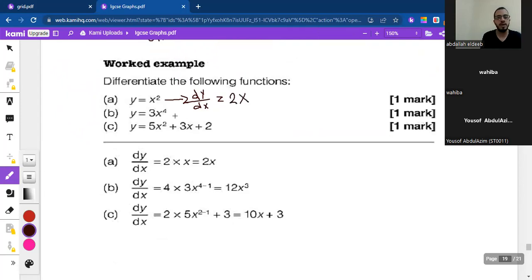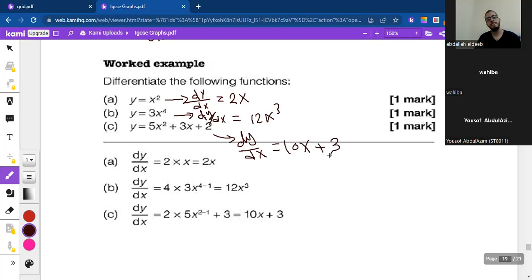Then dy by dx, 12x to the power 3. Bravo. Again dy by dx here will be 10x plus 3. Good. Bravo.